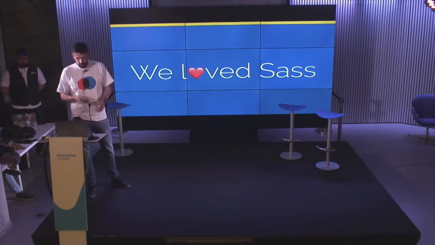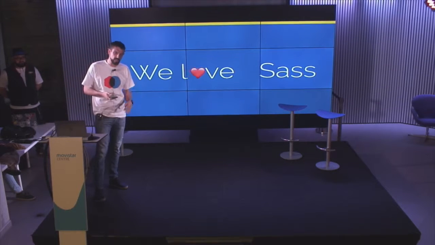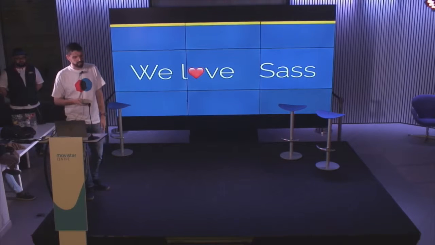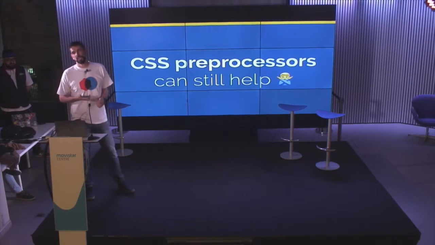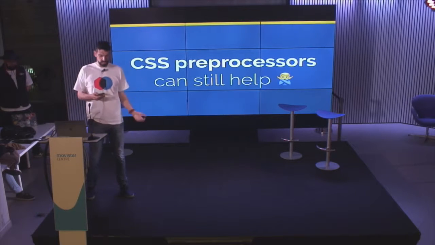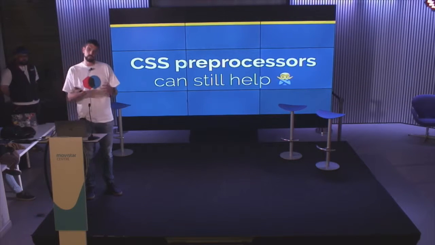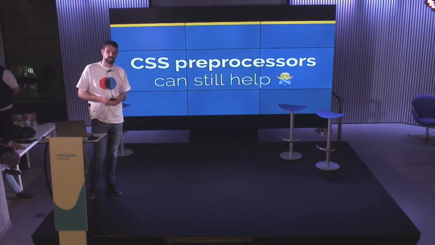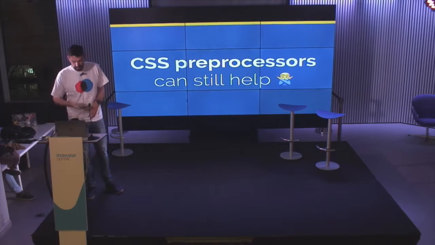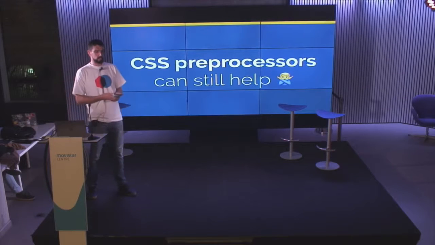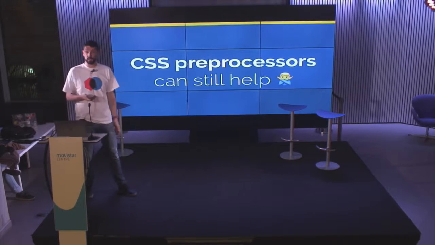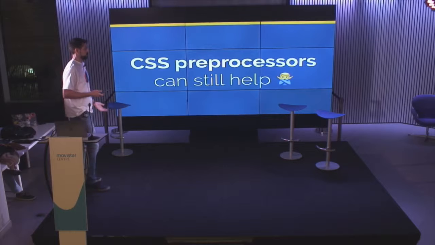We love SASS, and we are still loving SASS, because CSS preprocessors can still help. This talk is not about how to replace SASS with custom properties. There are many people and sites trying to do it, and I think it's fine.